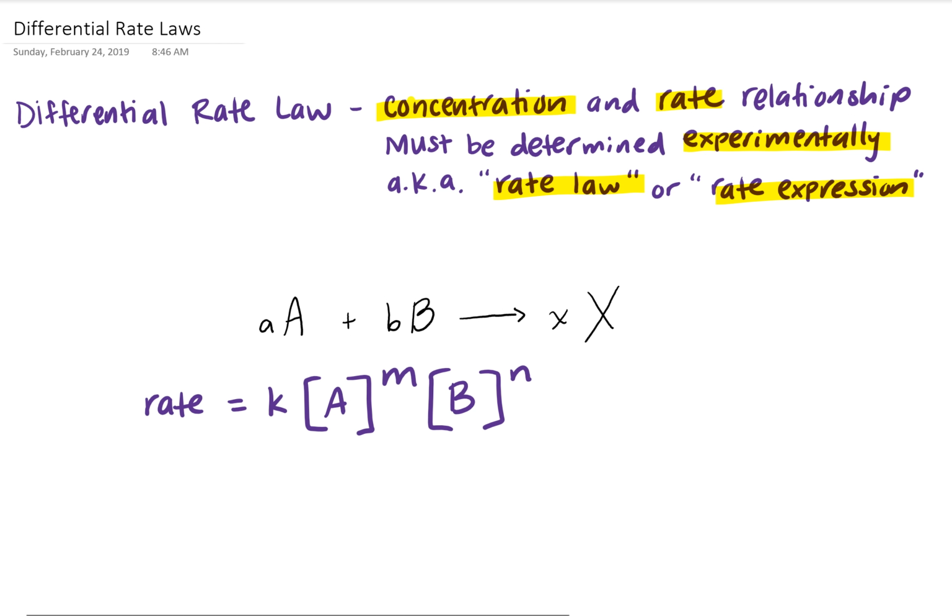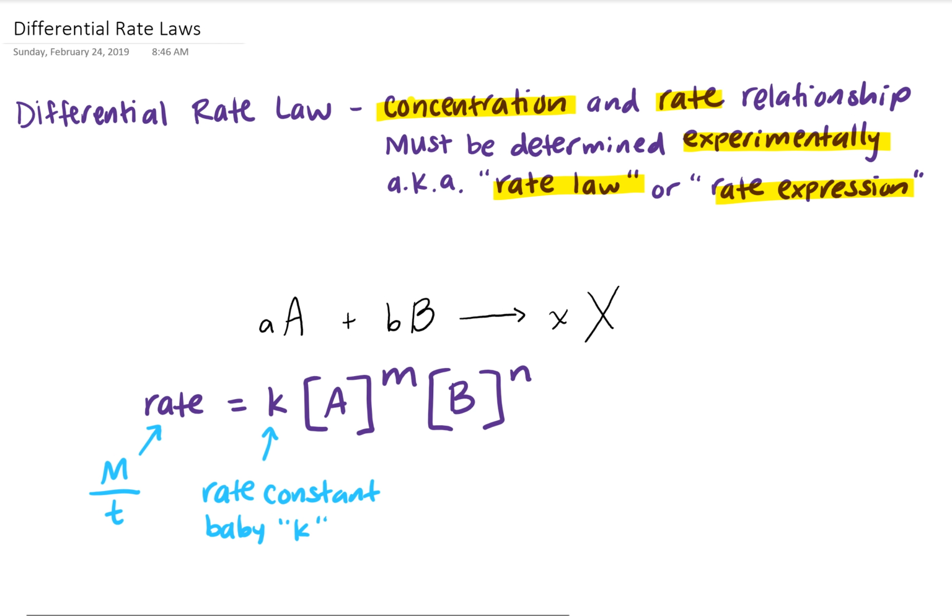Rate is measured in molarity over time. k is your rate constant. This is a lowercase k, or what I refer to as baby k. Not a capital K, because capital K stands for our equilibrium constant.